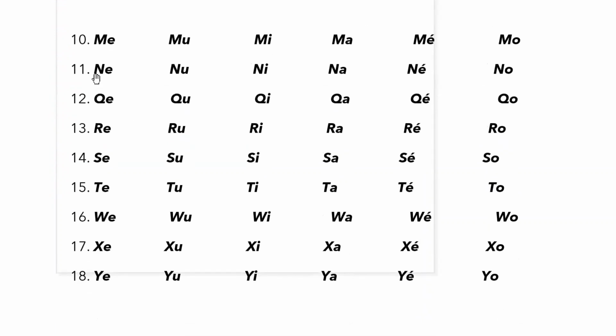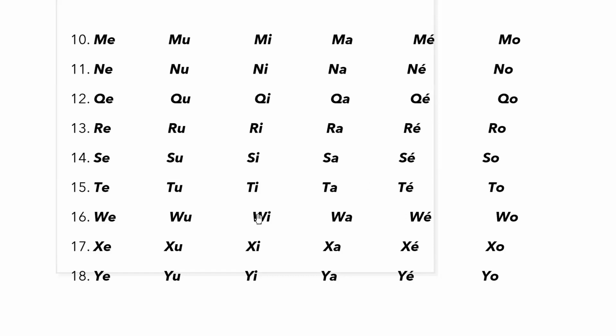So we have ne, nu, ni, na, nu, no. Re, ru, ri, ra, ru, ro. Se, su, si, sa, su, so. Te, tu, ti, ta, tu, to.